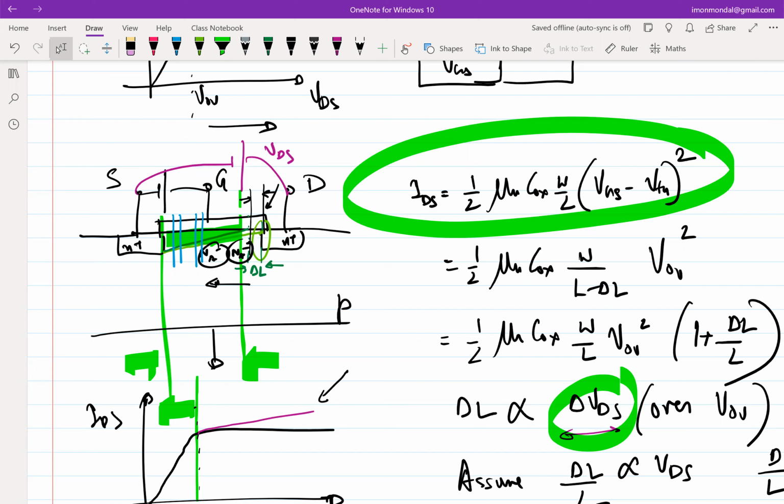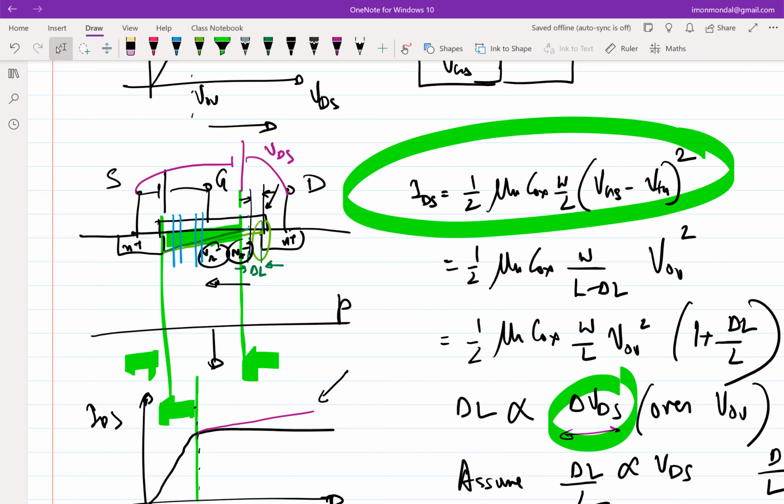Okay. So in 311, you will see that because of another effect, which we cannot go into in this class, when you apply a VGS on top of a certain threshold, the rate at which your mobile charge density will increase is almost logarithmic. That is, it goes very slowly.